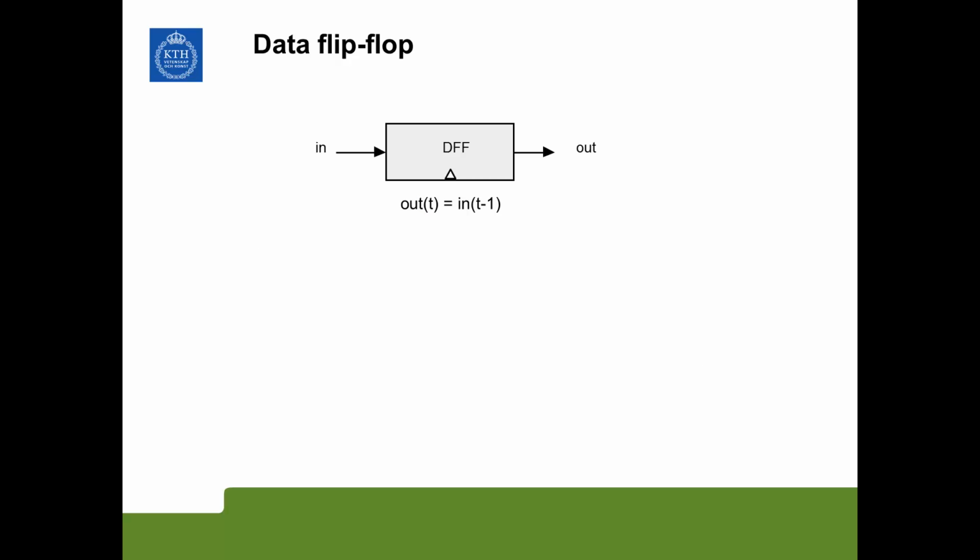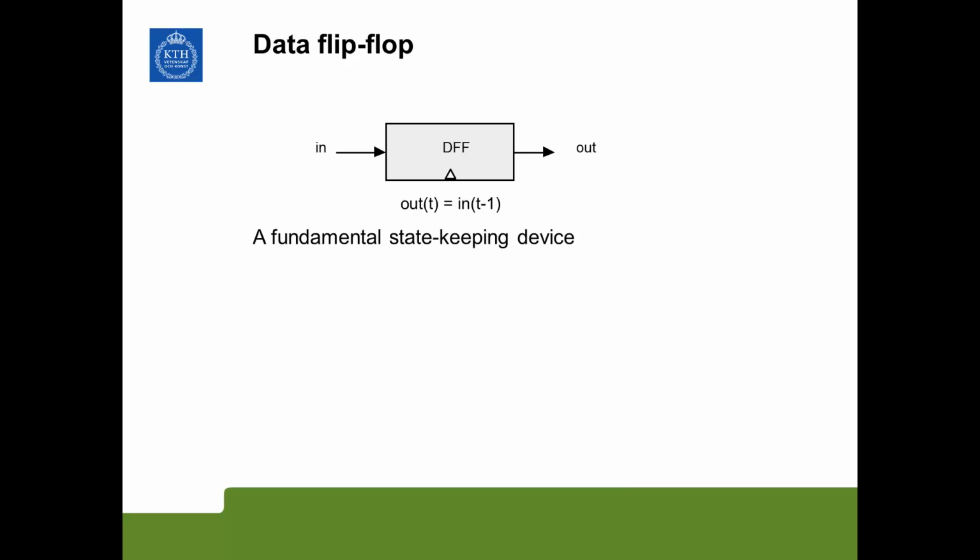The data flip-flop takes an input value and then clocks it out to the output. So that means that at time t you have an output which was the input at time t minus 1. So the input and the output can be different, of course, which is not the same thing as in a combinational circuit. If you had a 0 as input to a NOT gate, then you immediately had a 1 at the output of it.